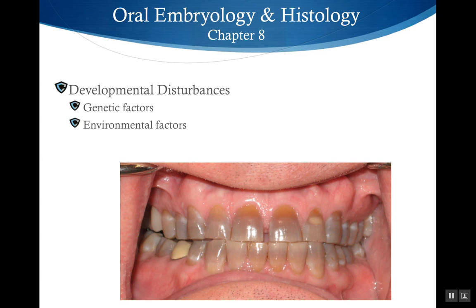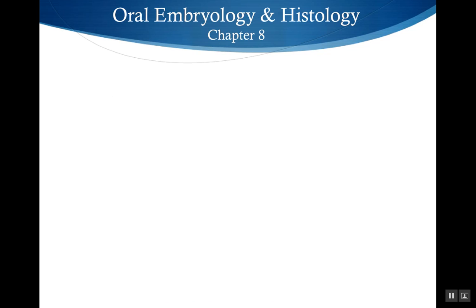So sometimes a patient's only option may be veneers or crowns to cover up the staining. Table 8.1 describes some other developmental disturbances that can occur at different stages of development.